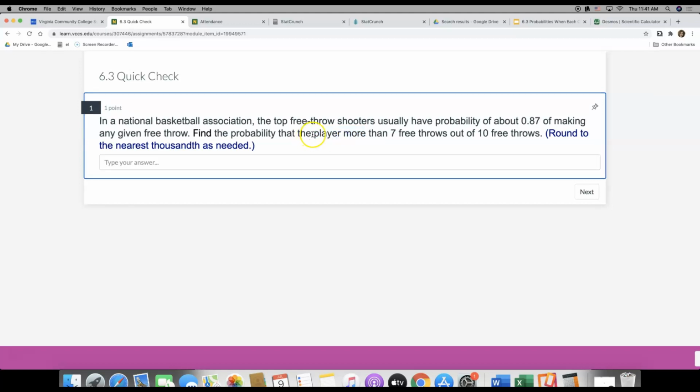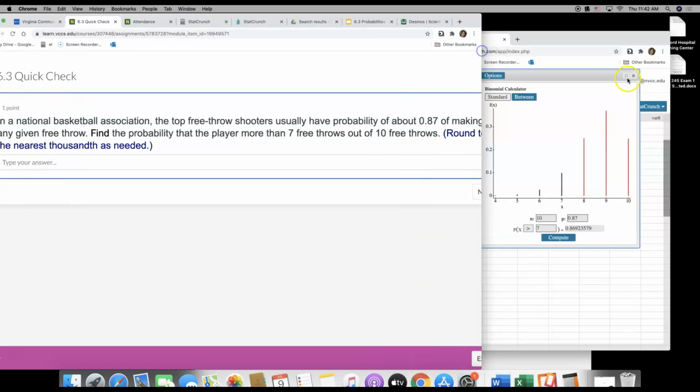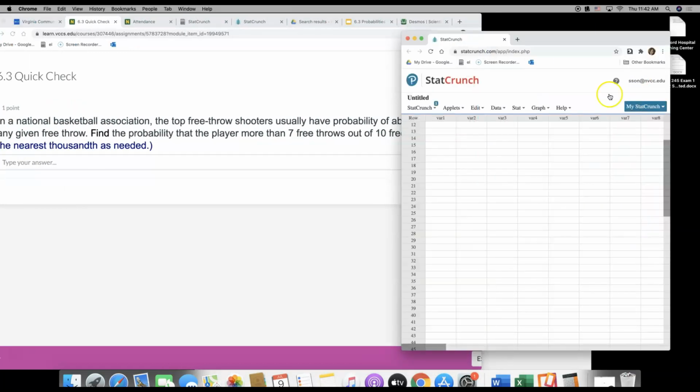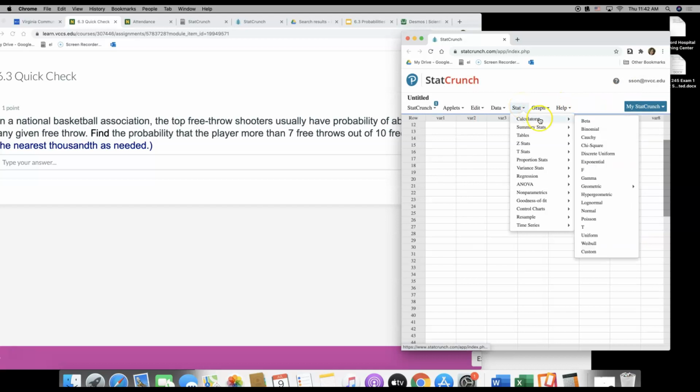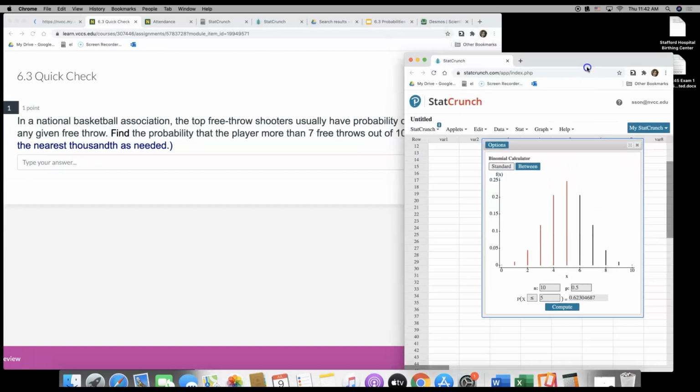But what they're asking is, what's the chance of this person making more than 7 free throws? So let's go ahead and do this. As you can see, the N and P are given. So let me go ahead and open up Stat, Calculators, and Binomial. Binomial, because why? He's either going to make that shot or not.